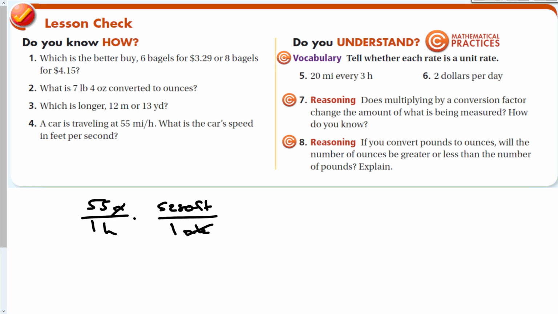Now they cancel out and they're in the right place. And multiply by 3,600 seconds in 1 hour. Now the hours cancel out because one's on the top and one's on the bottom, and we're left with feet per second. Okay, and then you just have to multiply.